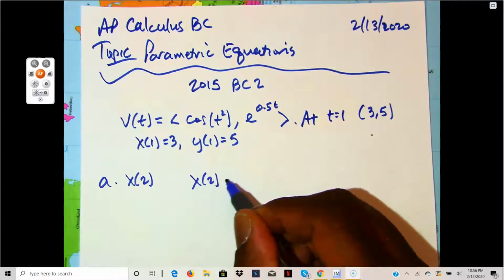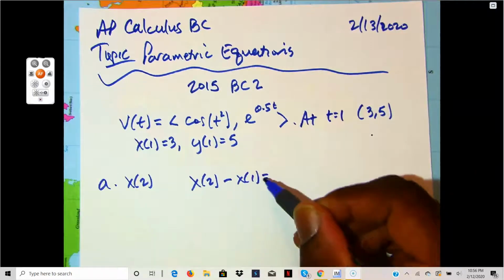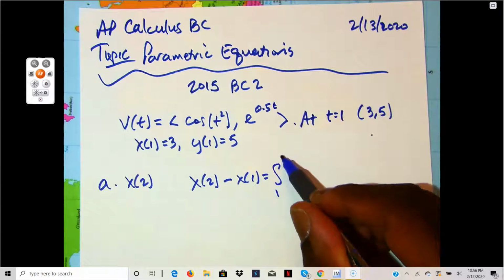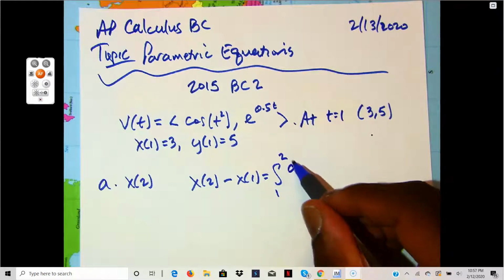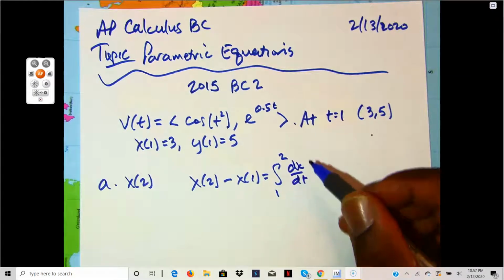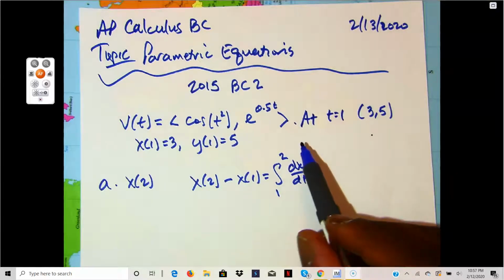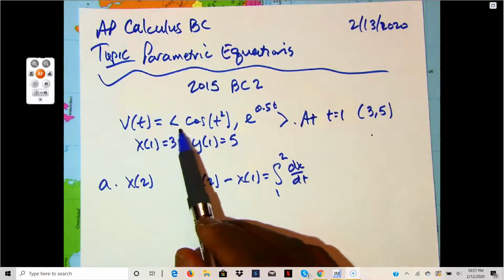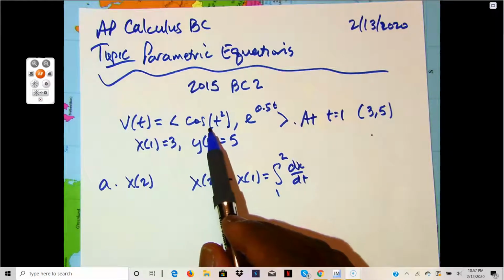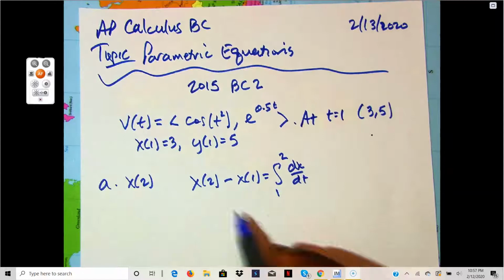So x(2) minus x(1) is equal to the integral from 1 to 2 of dx/dt. And dx/dt, which is v(t) for the x-coordinate, is cosine of t squared.